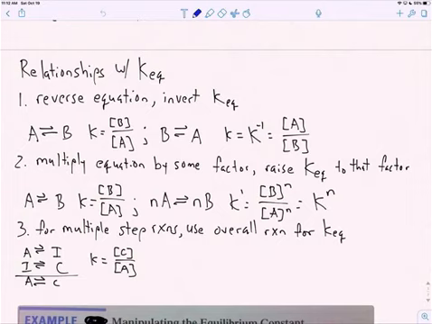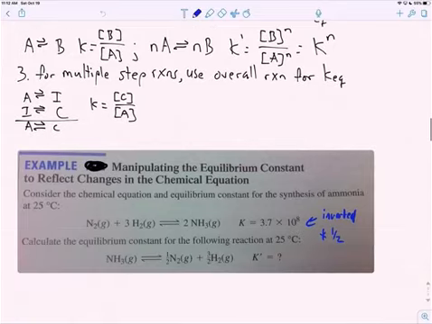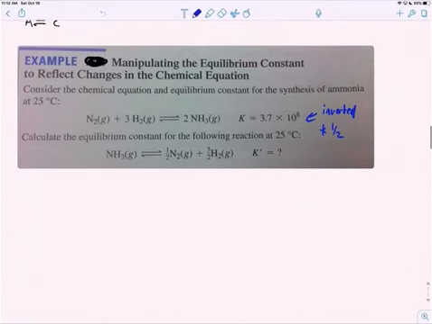So if you have the same A in equilibrium with B, with n of A over n of B, the new equilibrium constant is the older equilibrium constant raised to that power. And for a multiple step reaction, use your overall reaction for the equilibrium constant. If you have some intermediate that is generated and destroyed, you can just leave it out of the equilibrium expression altogether.